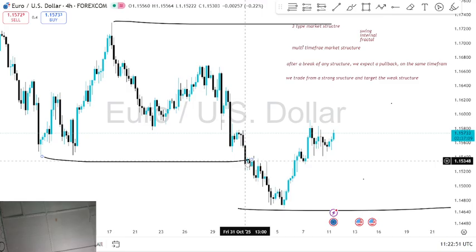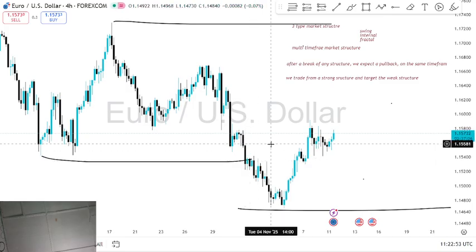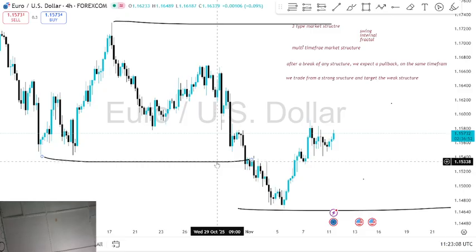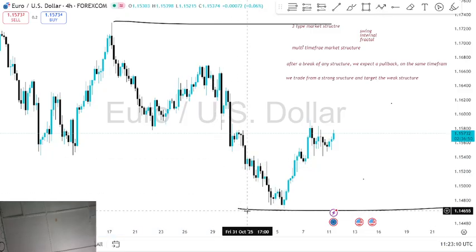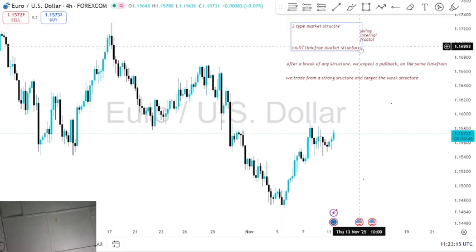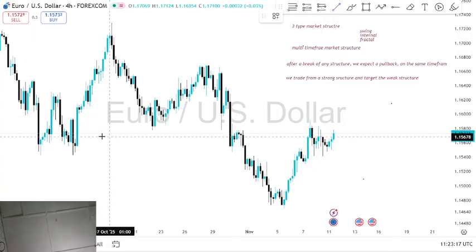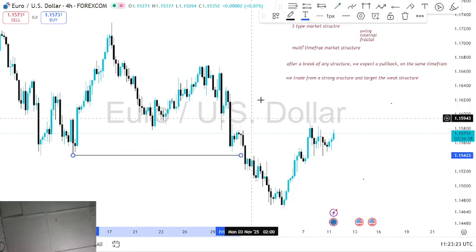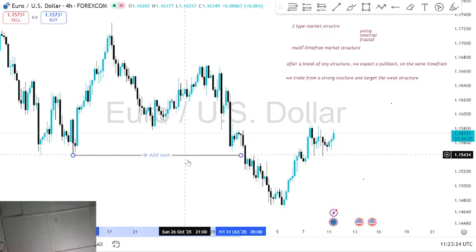This is where multi-time frame analysis, multi-time frame market structure, and trade-type market structure come into place. Understanding this concept becomes very crucial, because if you can't really understand the market from those two perspectives, it will be extremely hard for you to be on the right side of the market much of the time.